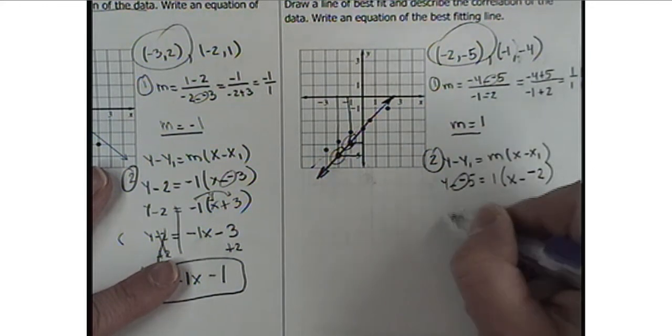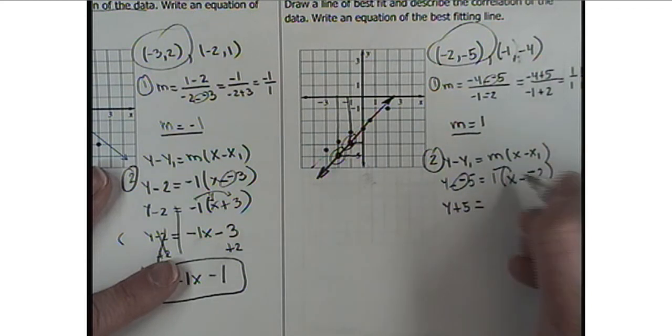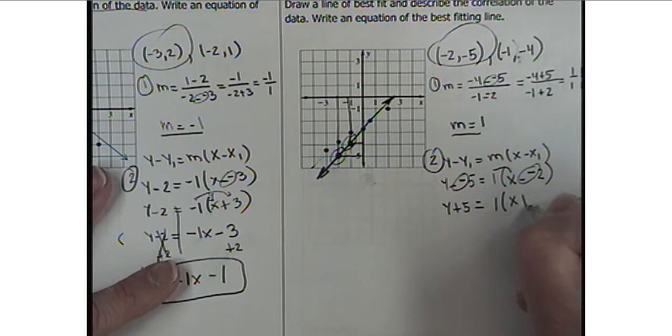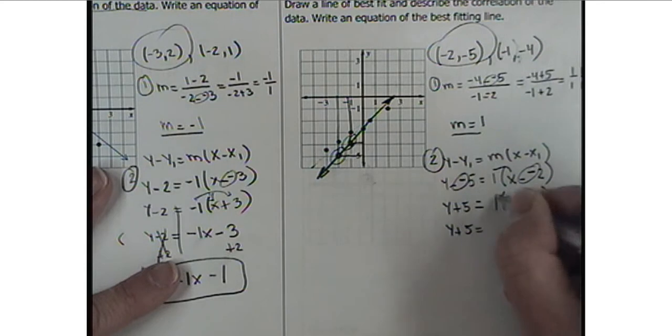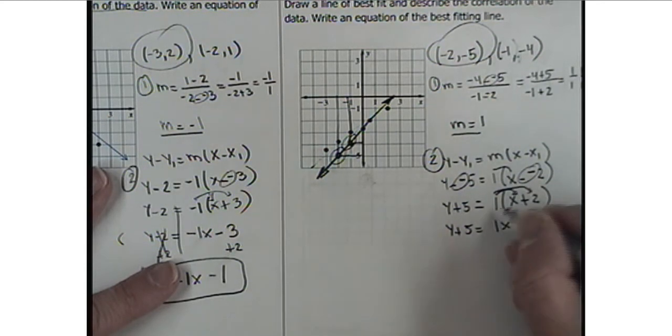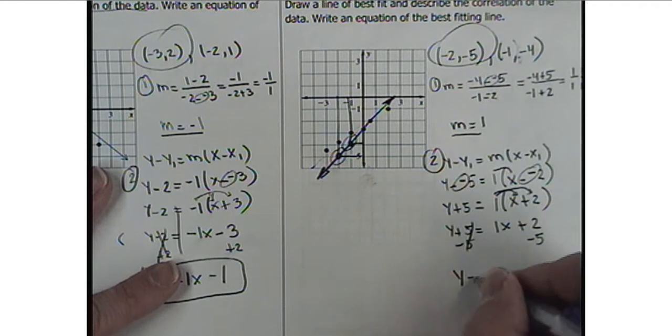Those two negatives change to y plus 5 equals, I will combine those two, 1 times x plus 2. Then y plus 5 is equal to, by the distributive property, 1 times x is just 1x, 1 times 2 is +2. Subtract 5 from each side, so y is equal to 1x minus 3.